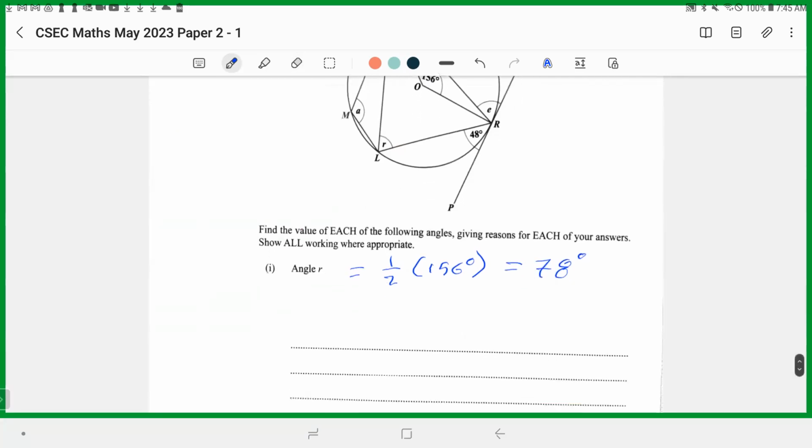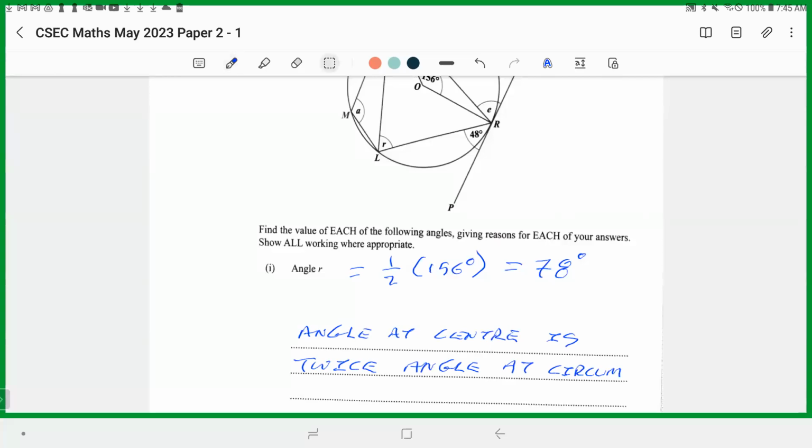And the reason is that the angle at the center is twice the angle at the circumference.